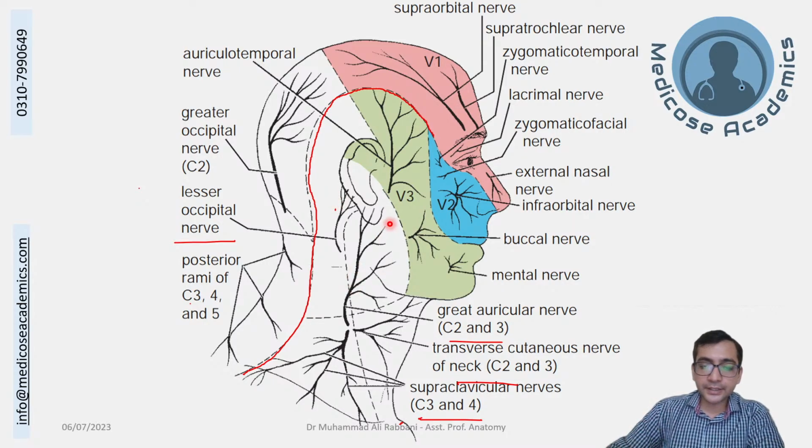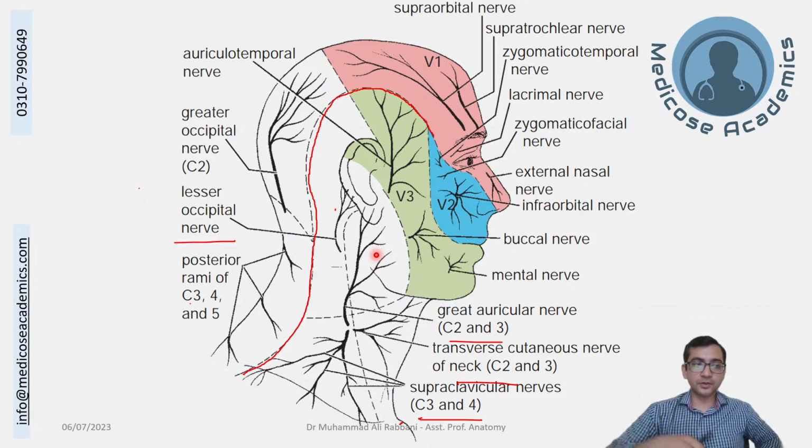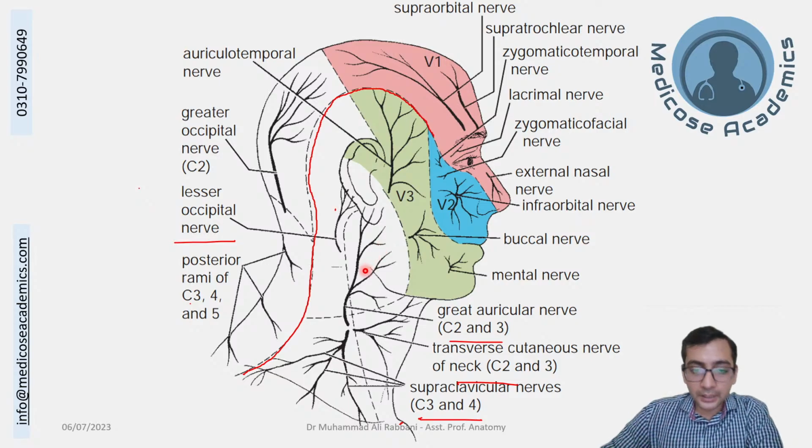The one that goes anterior to the ear is called the greater auricular nerve, and it supplies the lower lateral aspect of the ear, part of the external auditory meatus. And keep in mind the angle of the jaw. It becomes important because all of the rest of the face is supplied by the trigeminal nerve, and this is the part that is not. So that is the greater auricular nerve.